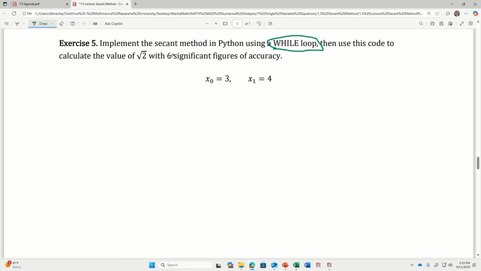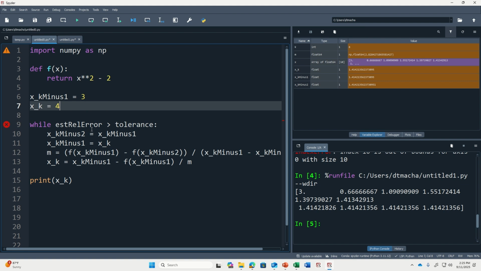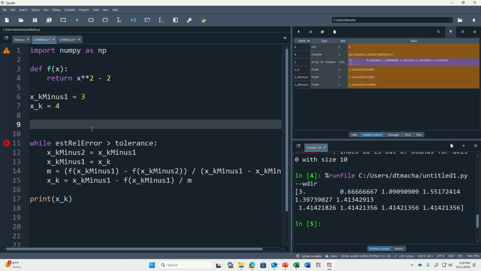And suppose I want 6 significant figures of accuracy. So same exact thing. This time, get rid of the for loop and replace it with a while loop. And that while loop is going to look like while my estimated relative error is greater than some tolerance. And I've got to decide what my tolerance is going to be.